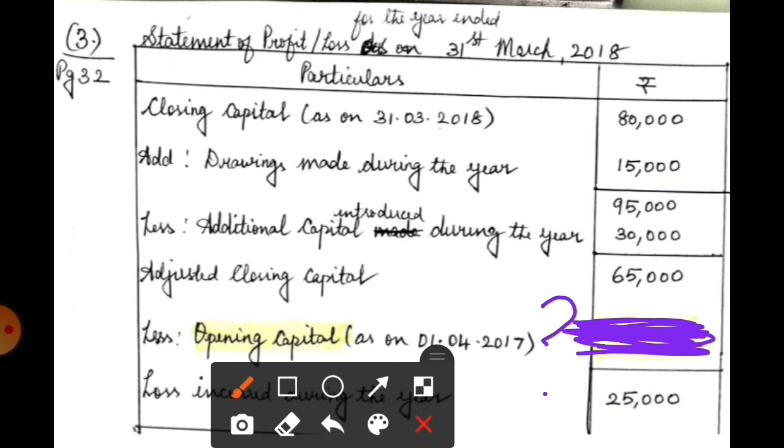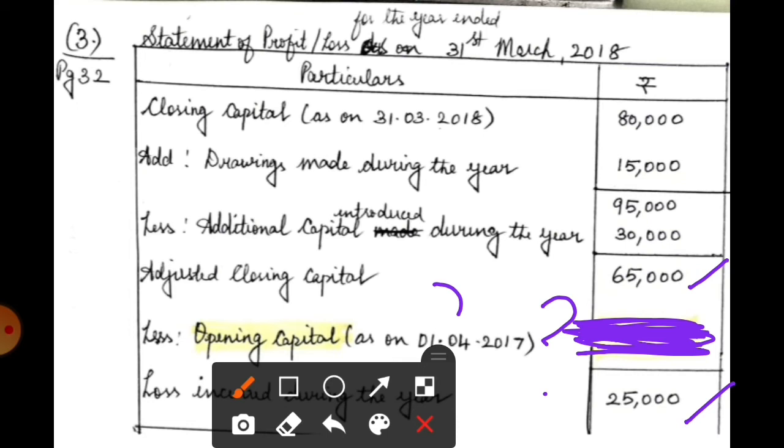So how do we now move forward to find out this opening capital? I have 65,000, I have 25,000. Let us now recall the rule to find out profit or loss. Rule A: if adjusted closing capital is more than the opening capital, then you say profit.